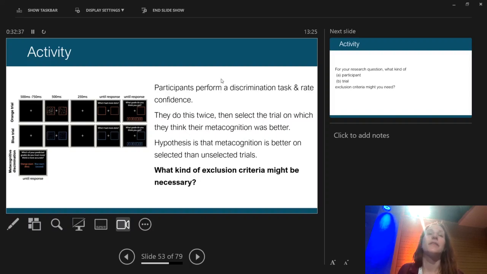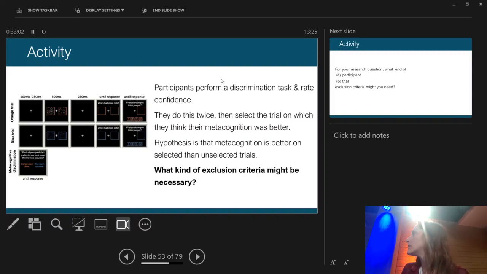In other cases, it might be that you can't remove those participants because it's part of your actual question. It might be reasonable that people have very low metacognition on this task, and then you don't want to get rid of them because you're biasing your sample. But in some cases, absolutely.